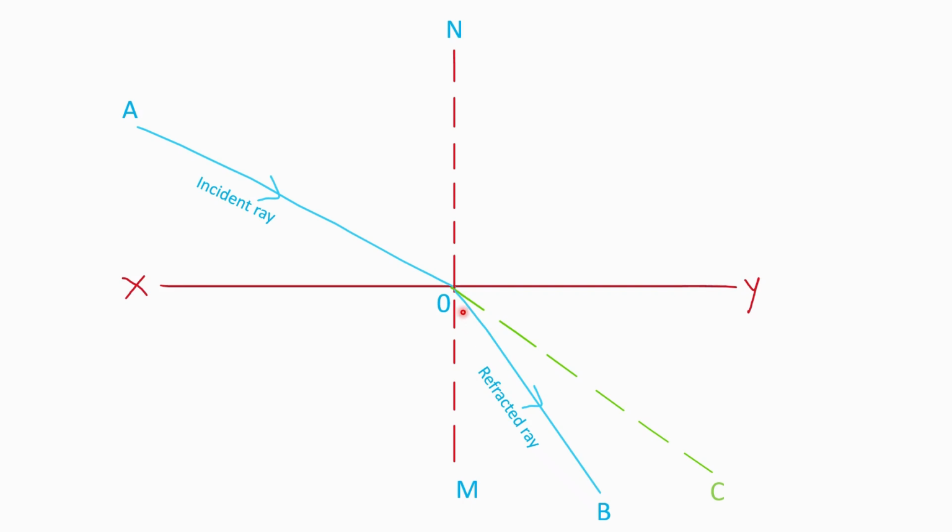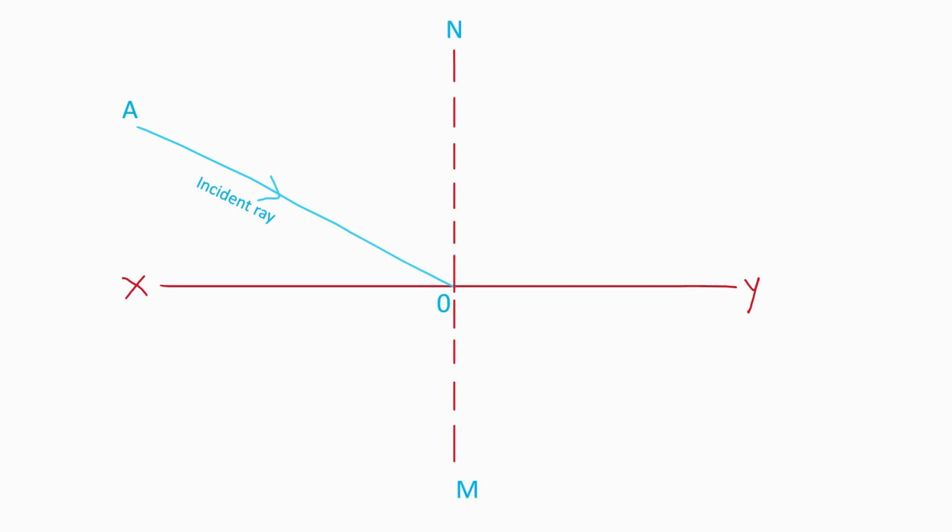So it's bending towards the normal. If it bends towards the normal, then we understand that the ray of light is falling from a rarer to a denser medium. That is why when the incident ray is falling on the surface, the refracted ray, instead of going in this direction, is going towards the normal. That's because the ray of light is traveling from a rarer to a denser medium.